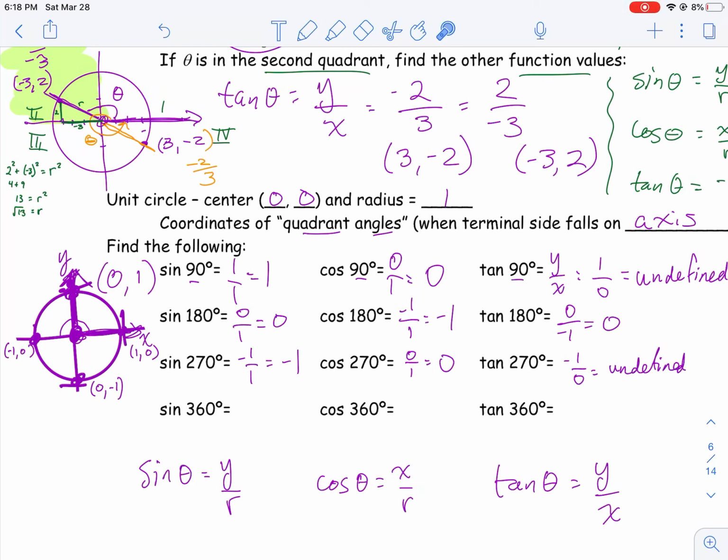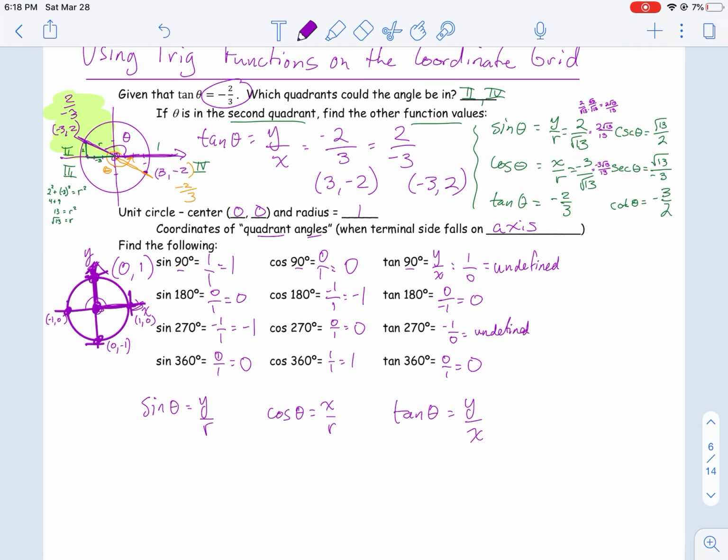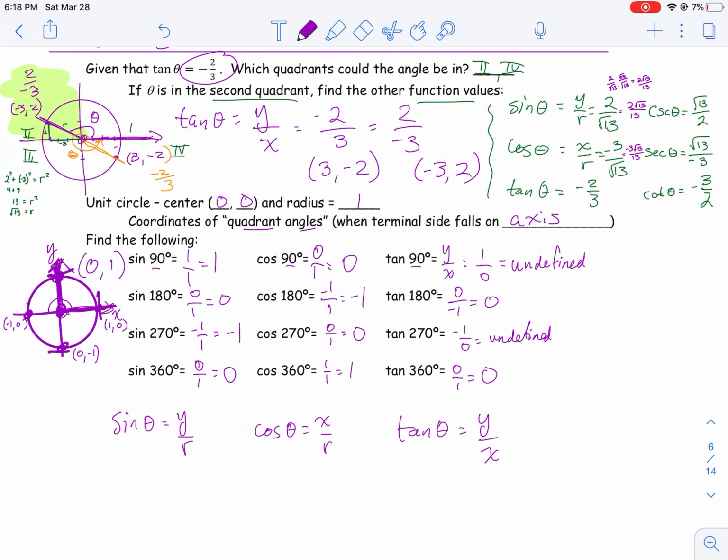Sine of 360, we're back here. My y value is 0, my radius is still 1. X is 1. Here we go. Sine, y over r, so 0 over 1, 0. Cosine, x over r, is 1 over 1. And tangent, y over x, 0 over 1 is 0.